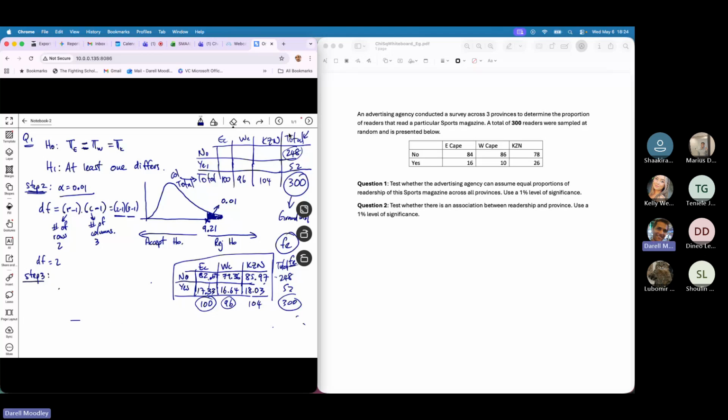Looking at the table that's given to us, I'm going to change the order and structure of it, but I'm not really changing the values.